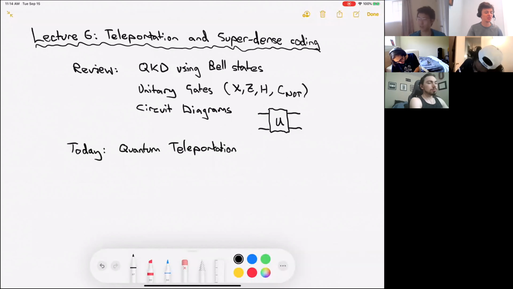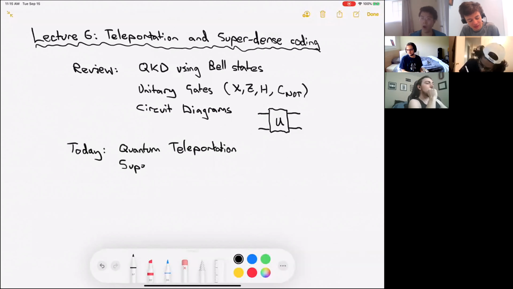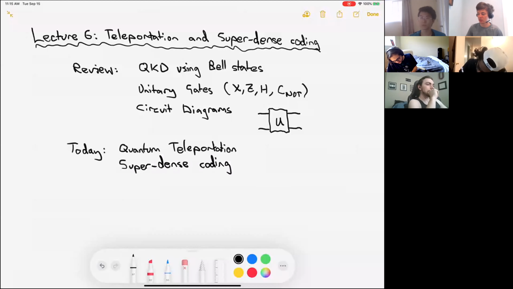It's both less cool than it sounds in a sci-fi sense and also more cool. Yeah, it really is quite exciting. I like it a lot. So it sort of shouldn't be possible to do, but it is. And the second is in some sense a sort of reverse version of quantum teleportation called super-dense coding.